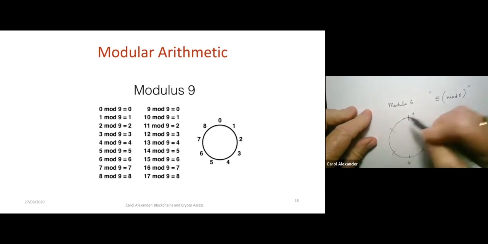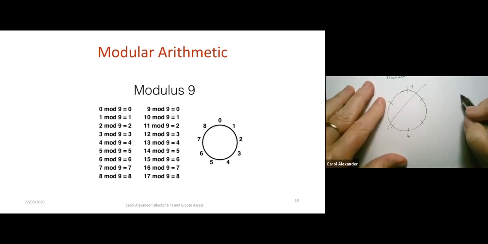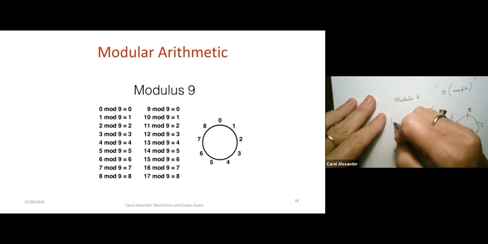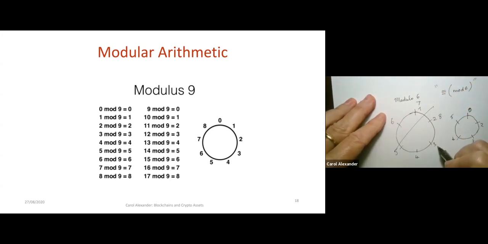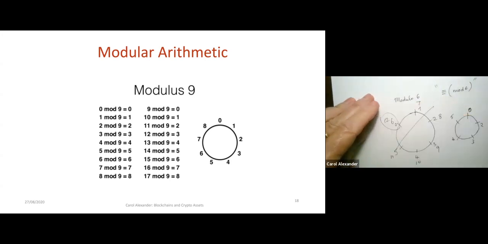Hang on, we have to go around and we get back to here at 6. No, it doesn't. It goes back to 0. I was corrected. 1, 2, 3, 4, 5, and 6 is the same as 0, and then 7, 8, 9, 10, 11, and 12 is the same as 0. Okay.